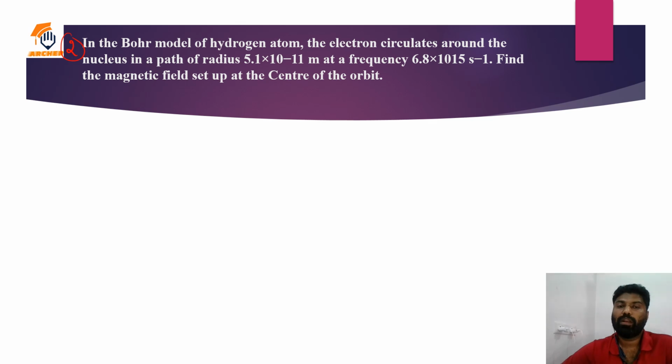In the Bohr model of hydrogen atom, the electron circulates around the nucleus in a path of radius 5.1 × 10^-11 meter.